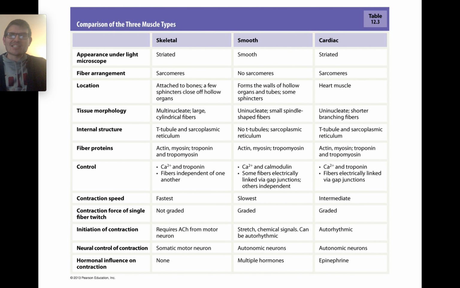Okay, and then this is the last slide right here. Basically just another study aid for you, an exhaustive comparison and contrasting of the three different types of muscle fibers that we've talked about. Keep in mind, as it pertains to excitation-contraction coupling, there are some differences that we didn't really talk about. For example, smooth muscle does not have a troponin, and it instead has a different calcium-binding protein called calmodulin.